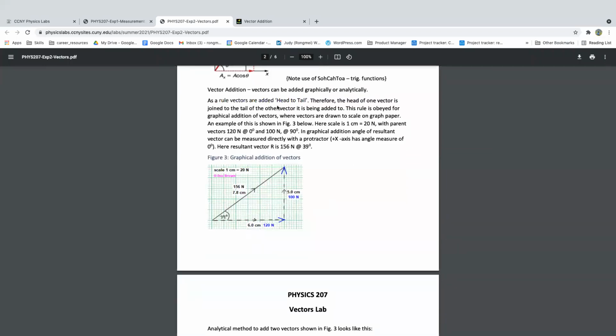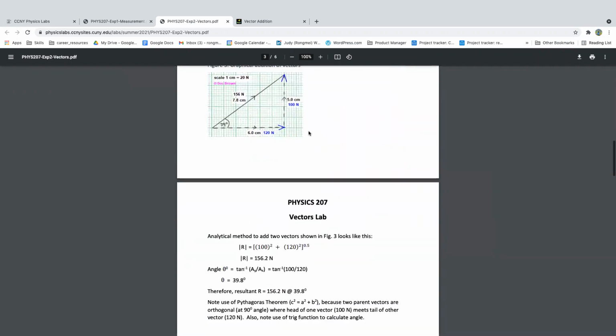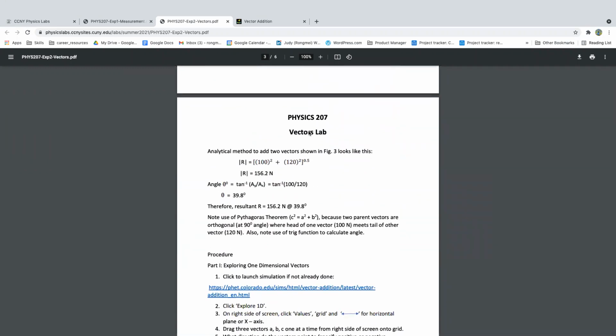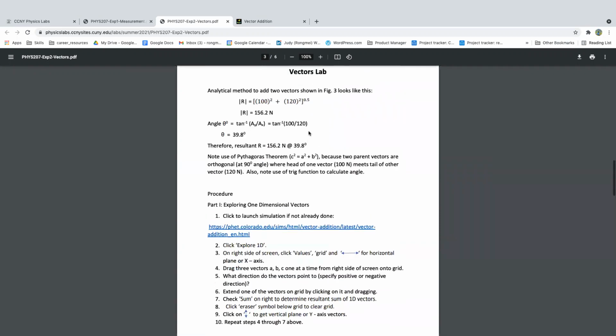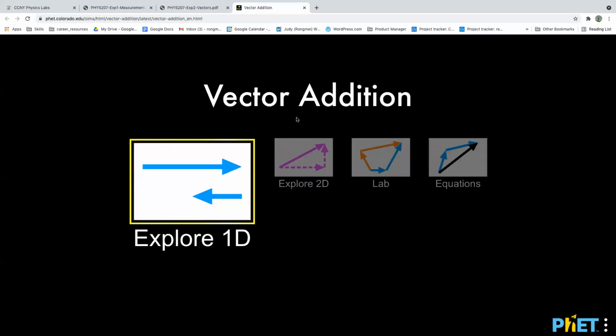So when you add two vectors together, it always goes head to tail, so it will connect all the vectors together. Let me show you an example.